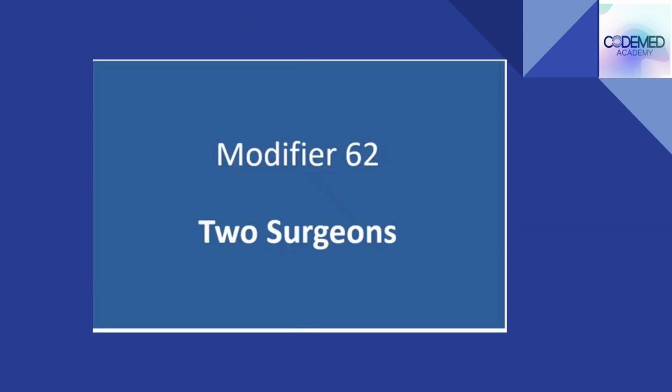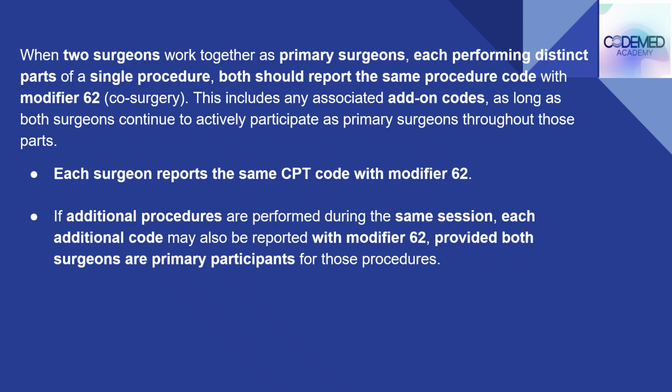Next is modifier 62, it is for the two surgeons. Now again, I have highlighted the important words. When two surgeons work together as primary surgeons, each performing a distinct part of a single procedure, both should report the same procedure code with a modifier 62.